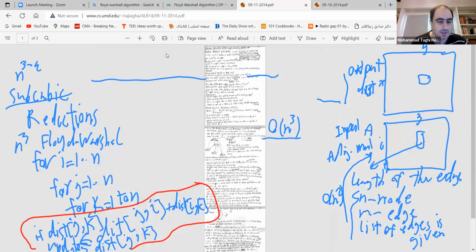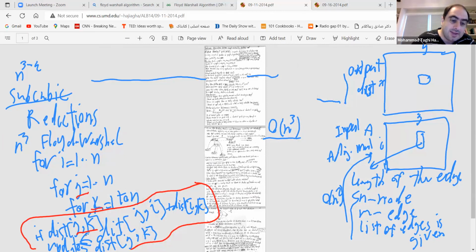Now you can see it better. So here we have for i equal to 1, j equal to 1, and k from 1 to n. Here we talk about the distance of jk, and jk is very important here. So jk is these two variables, j and k, the inside variables.